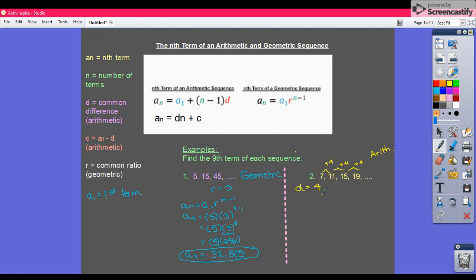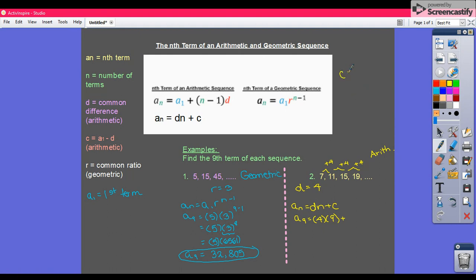So I could use either one of the formulas. So let's say I choose the second one. a sub n equals dn plus c. So a sub 9 in this case equals 4 times n, again, I'm going to the ninth term, plus c.